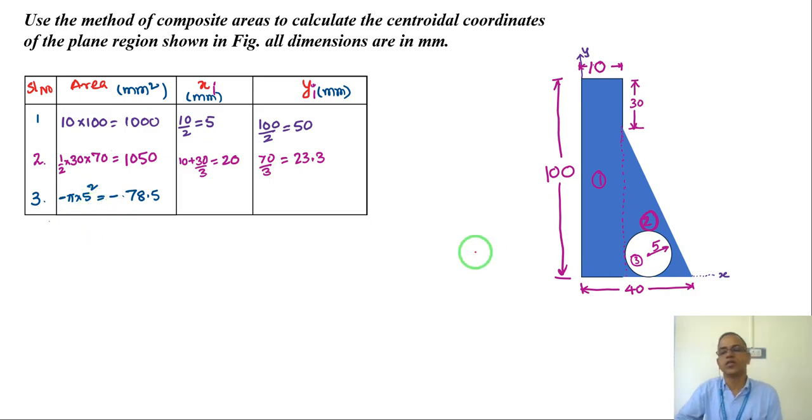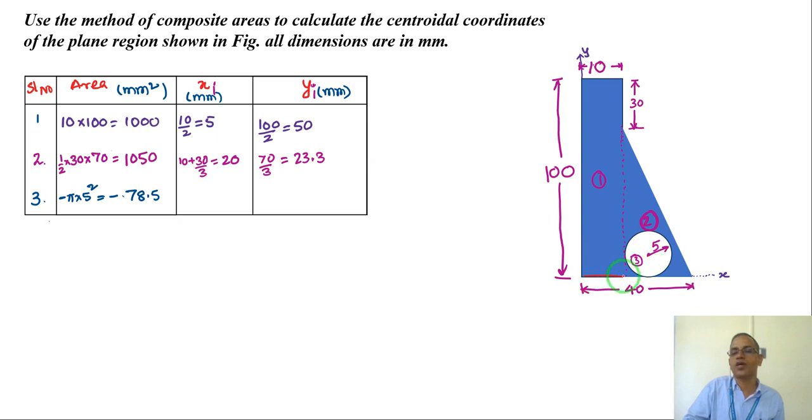Now I am writing here minus pi r square, minus because I have to remove this area, because effectively the area is not there. Now x3, the centroid of this simple area, from where? From the reference axis, because I am looking for xi, I have to see from the y axis, from here till the centroid.